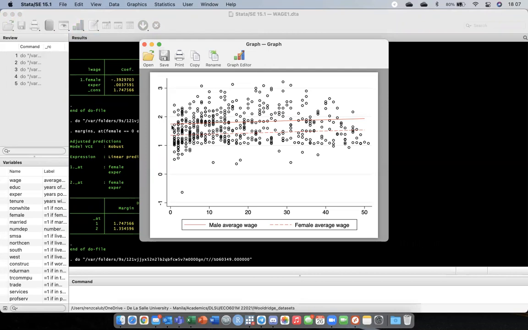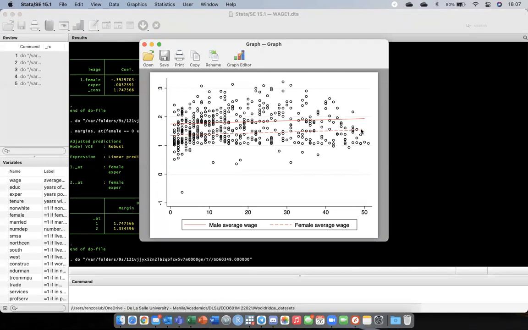This difference. So the solid line would be the average male wage controlling for experience, and the dashed line would be the average wage for females after controlling for experience.